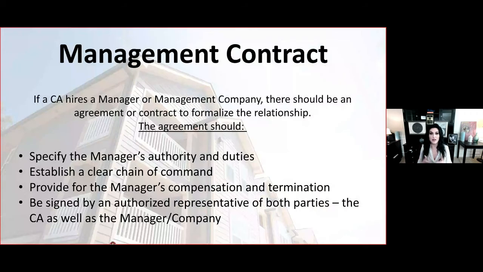I want to make sure that everybody watching this understands that you, board, have a fiduciary responsibility. I know it's a big F word. You have that responsibility for all of your contracts, and that does include the management agreement. While we want to continue to earn your business year over year, we as managers don't get shaky when you say you're going out to bid.